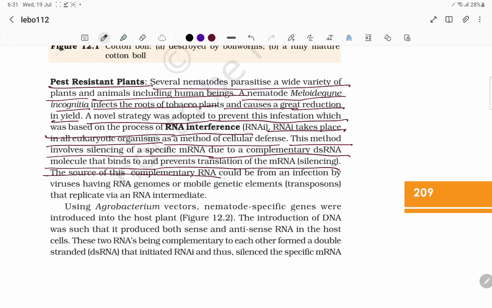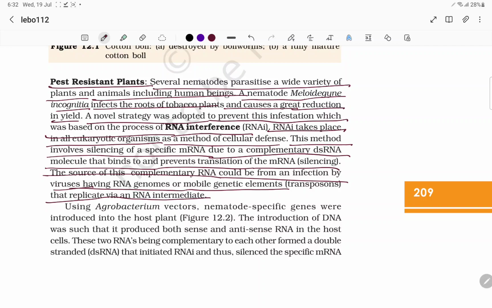The source of this complementary RNA could be an infection by viruses having RNA genomes or mobile genetic elements. We call them transposons, that replicate via an RNA intermediate.